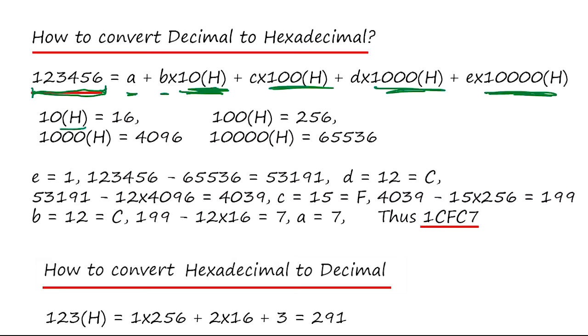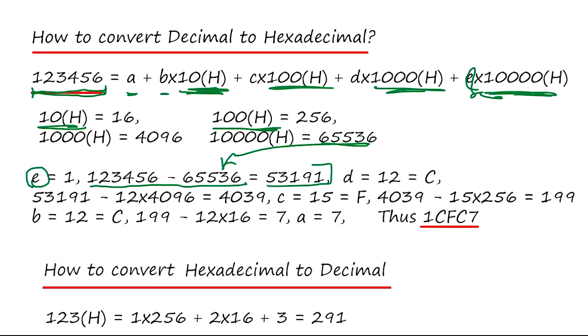Hexadecimal 10 is 16, and hexadecimal 100 is 256, and so on. So we calculate the leading digit, and we subtract that number.